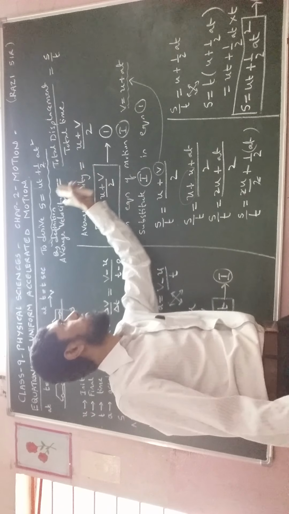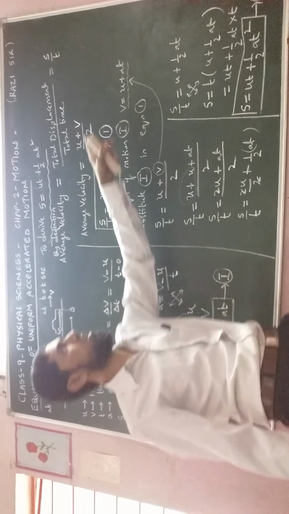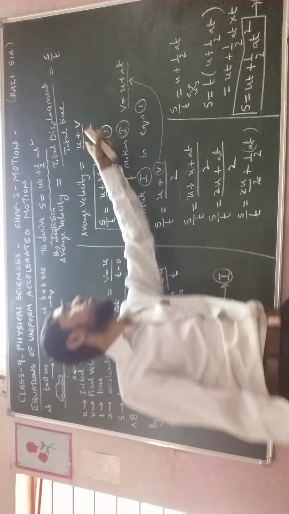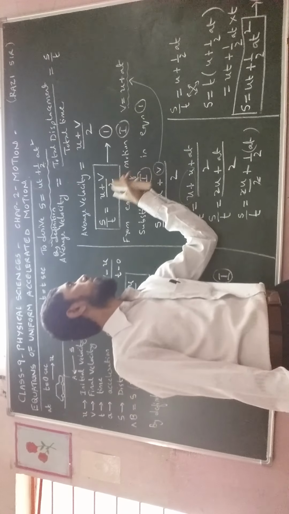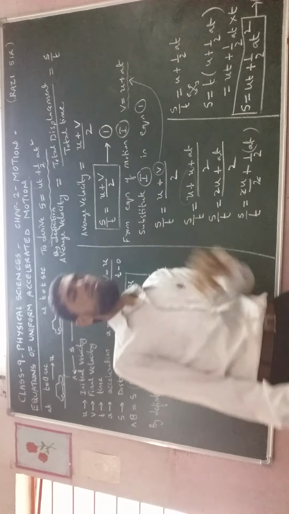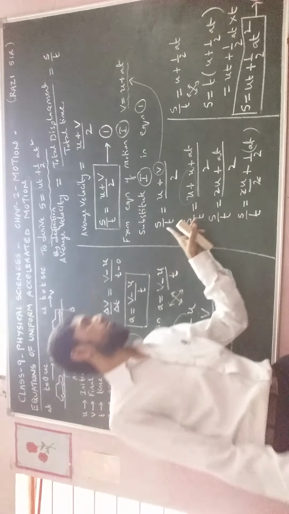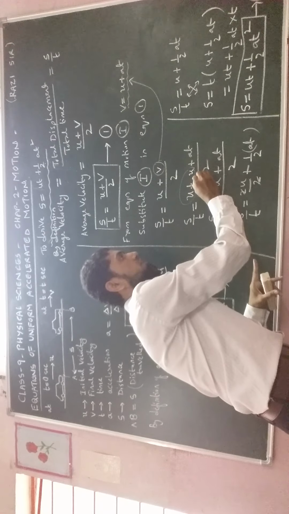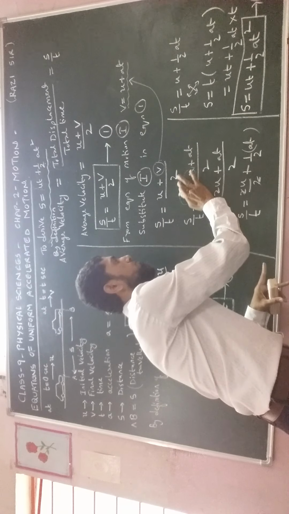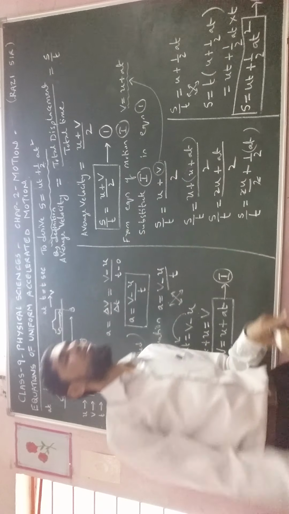As both of them represent the same quantity, average velocity, we take S by t is equal to u plus v by 2. Then in this equation 1, we substitute the equation of motion 1. In place of v, we write u plus at.